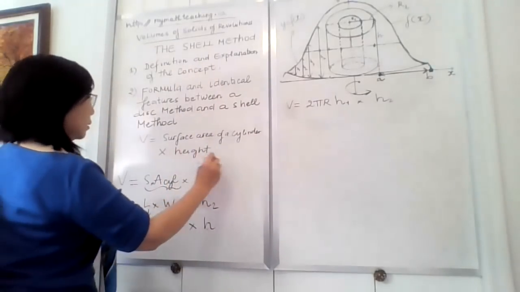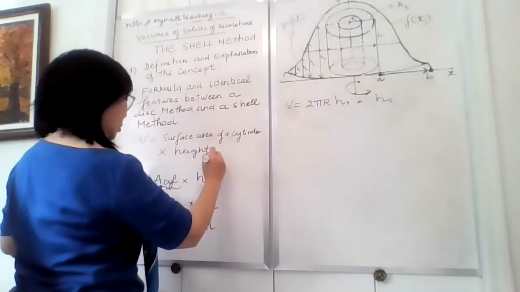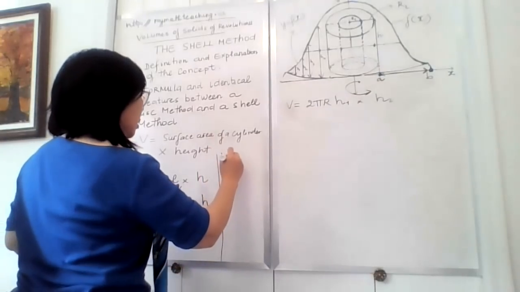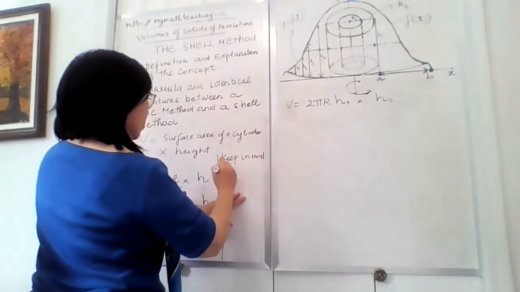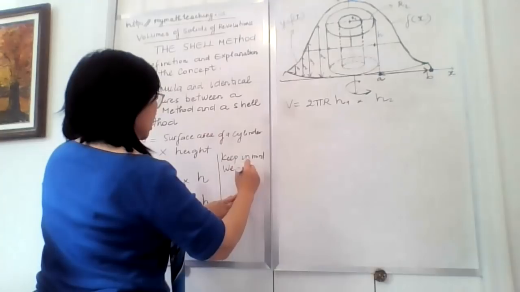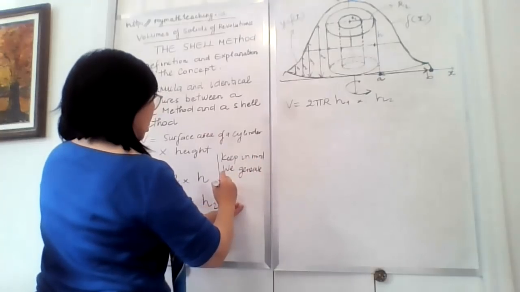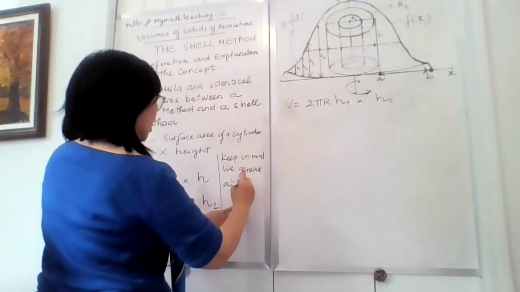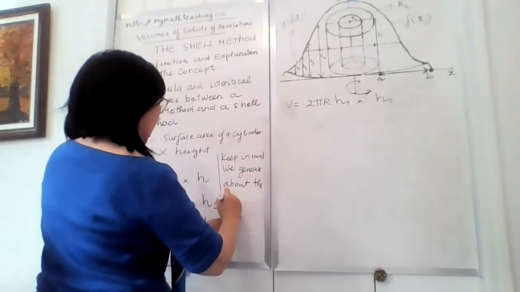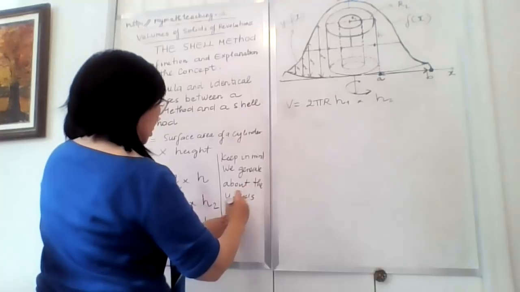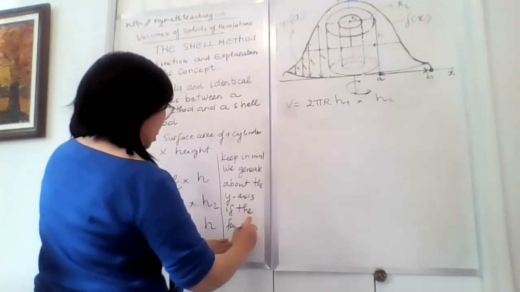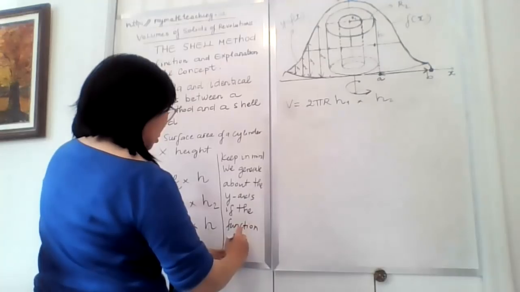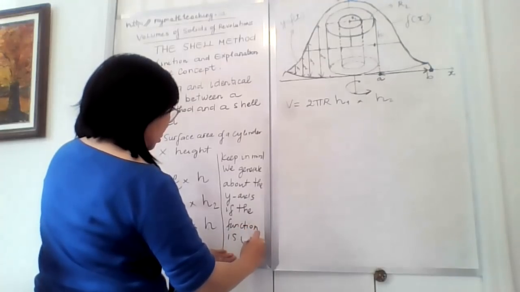So keep in mind, we generate about the y-axis if the function is y equals f of x.